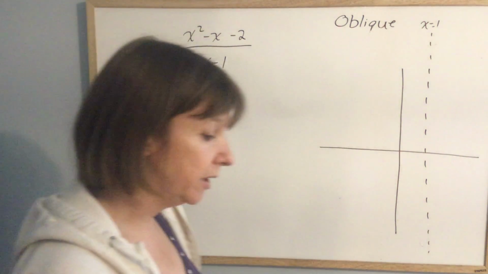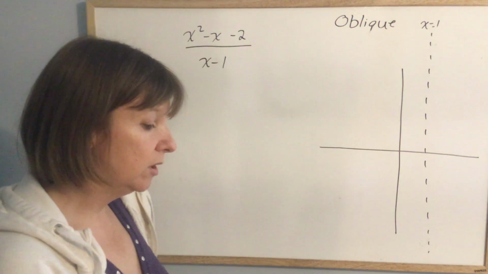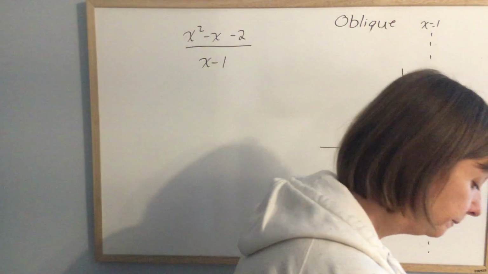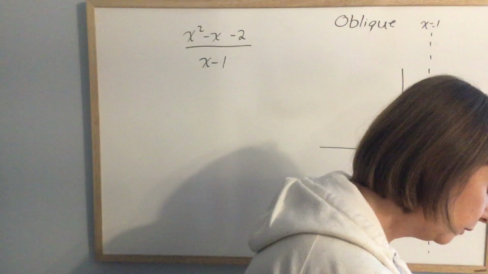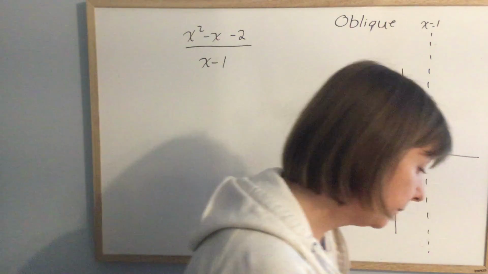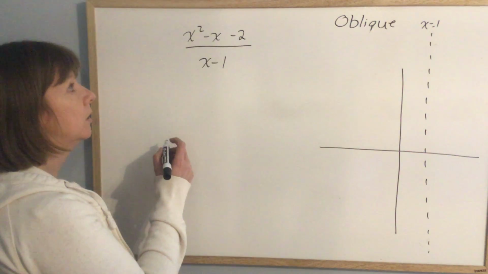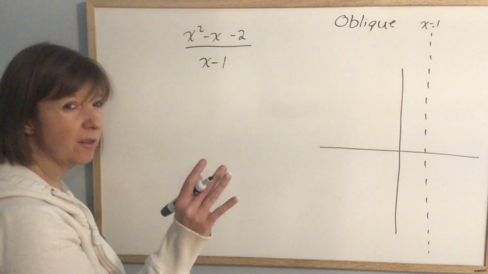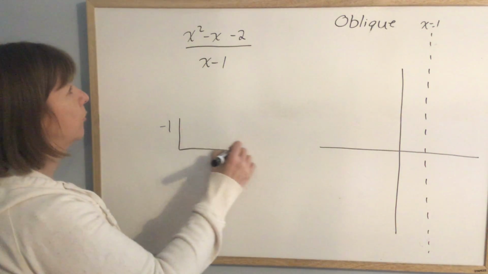is an oblique asymptote. To figure out the oblique asymptote, you either have to do long division, or you can do synthetic division. So let me just try this. So 1 take away 1 would give me 0, so I'm going to put negative 1 out here.